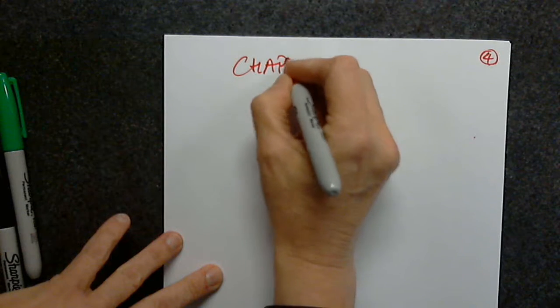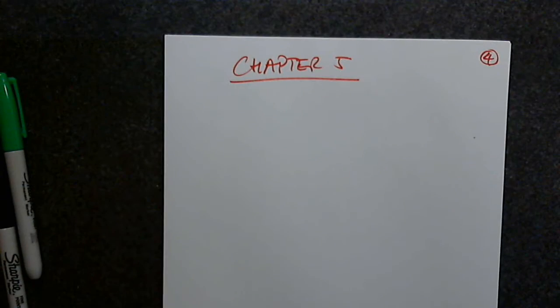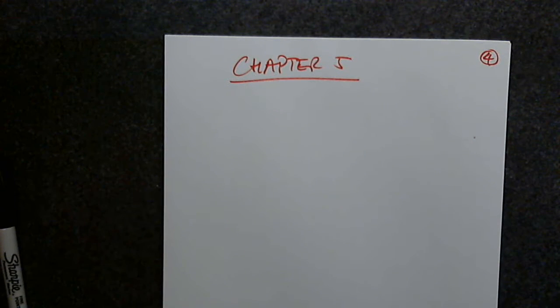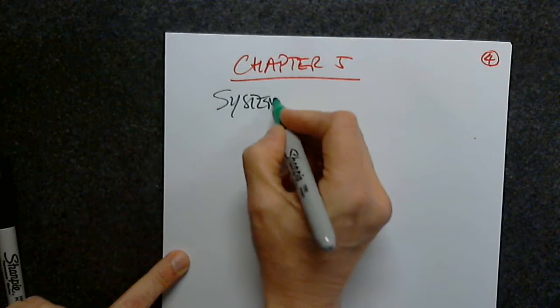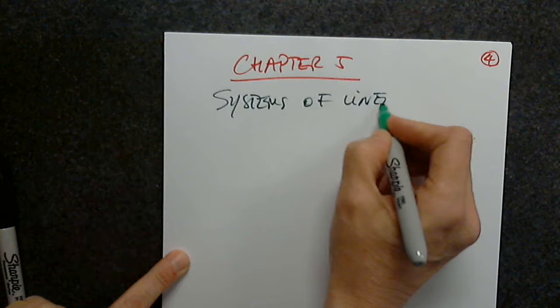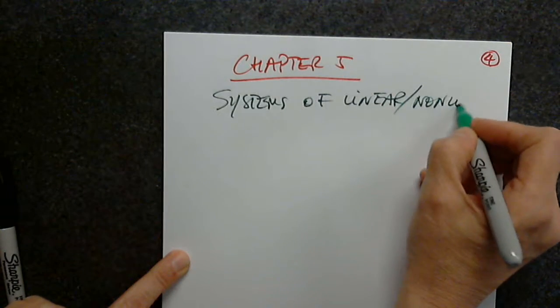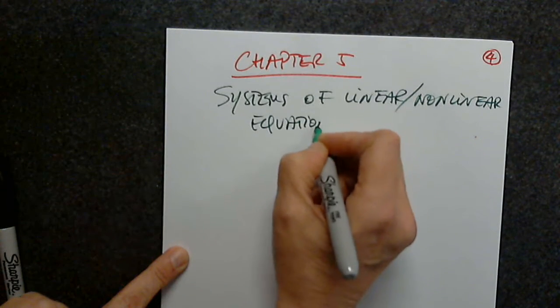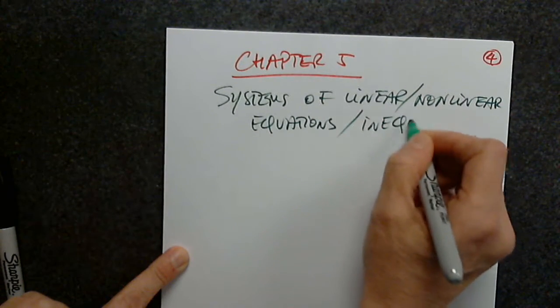Okay. So I'm on page 4. Do we have 3 pages there? Joseph, do we have 3 pages there? Am I on page 4? Okay, perfect. Chapter 5. Chapter 5 deals with systems of linear and nonlinear equations and inequalities.